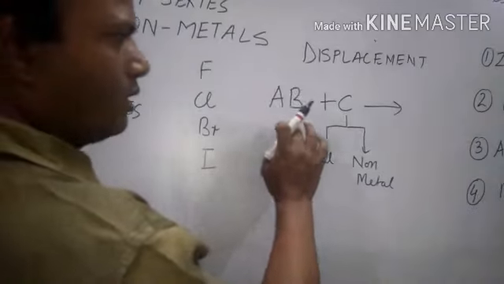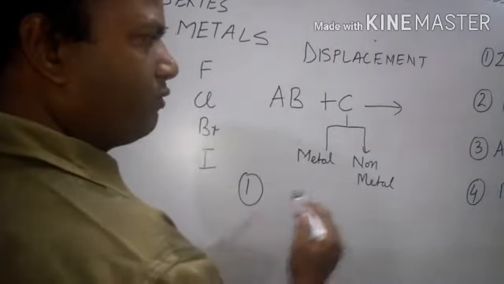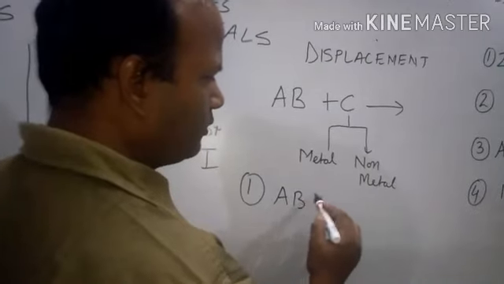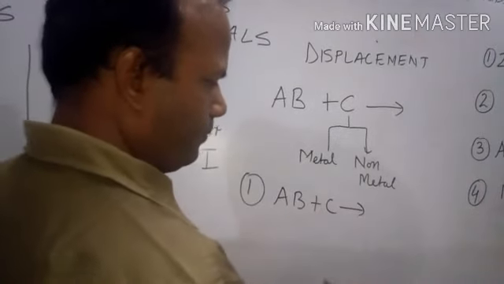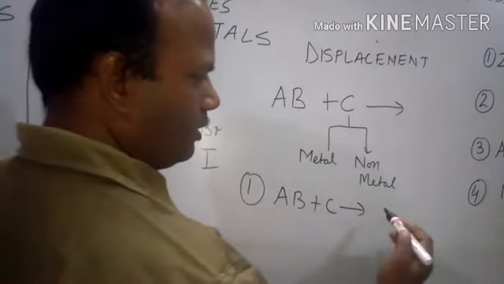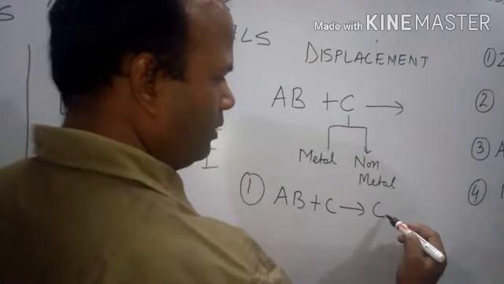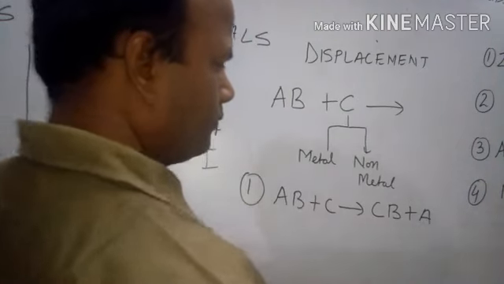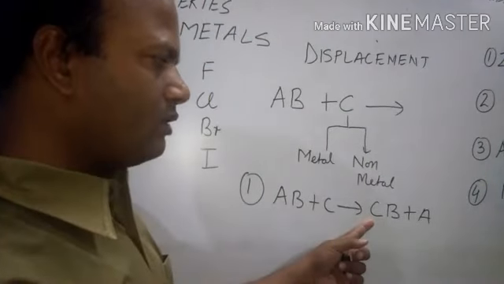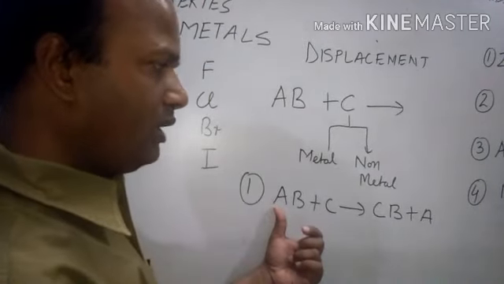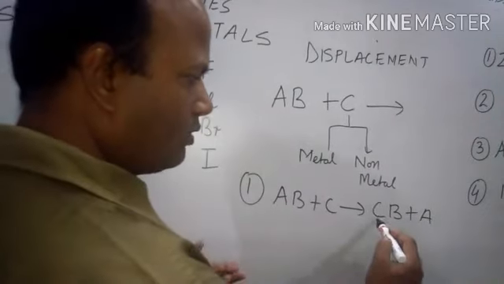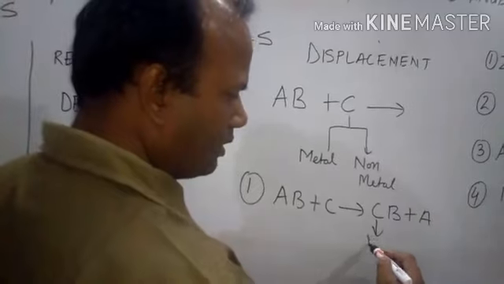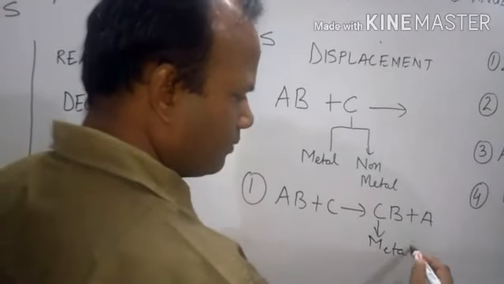We can have two types of representation. AB plus C gives CB plus A. So C is replacing A. So what is C? Just understand this. C is acting here as a cation, that is, a metal.